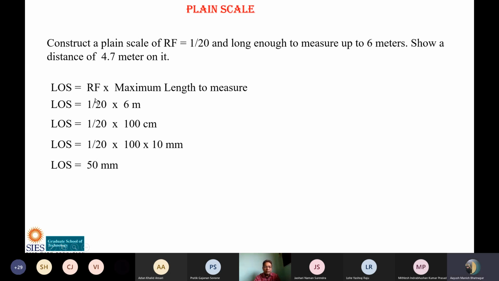Now, the length of scale is 1 is to 20. Maximum length to measure is 6 meter. Now I forgot to write 6 meter here. Let me write it here.